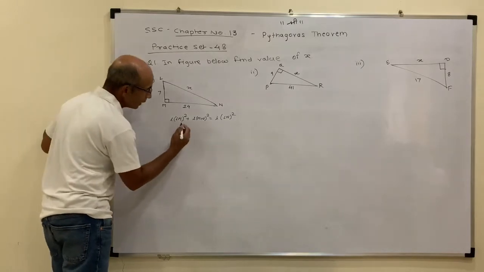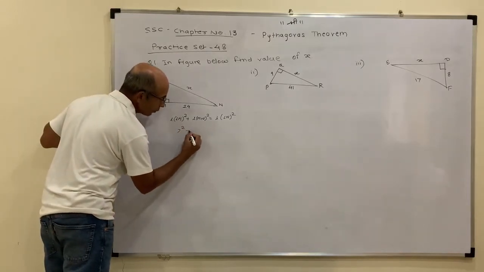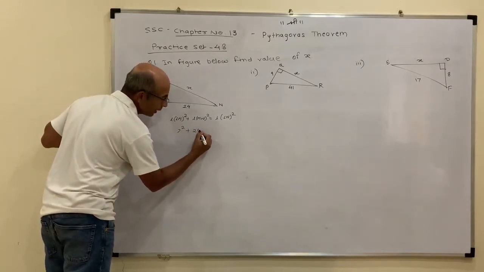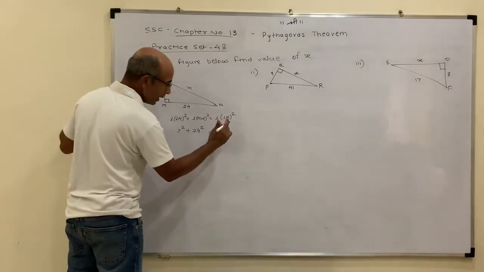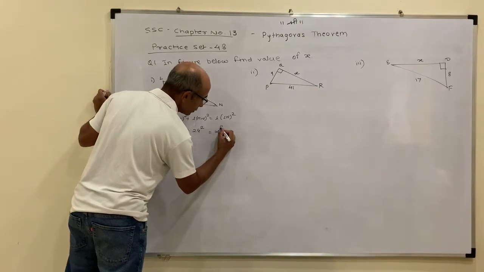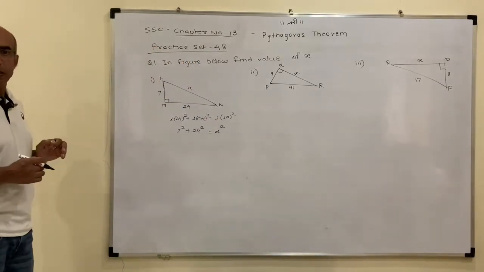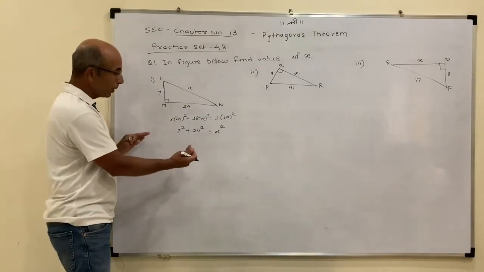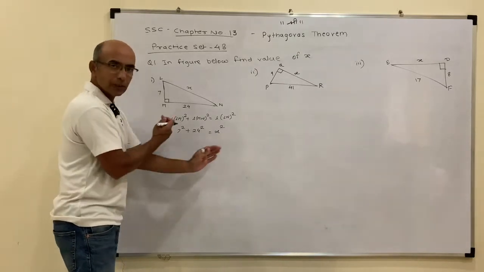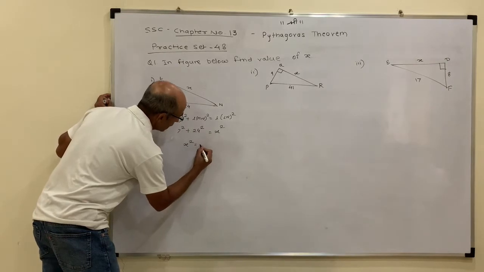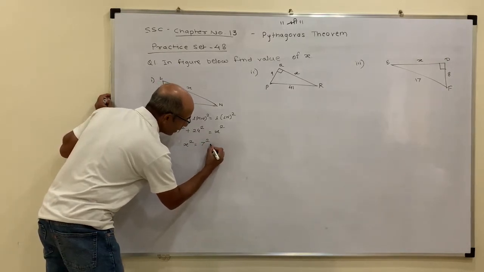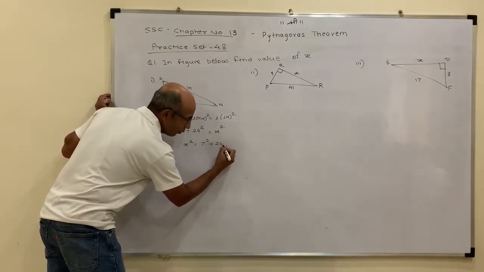LN they have given us as x. So 7 square plus 24 square is equal to x square. Now x is to be found. So what I'll do, I'll switch the left hand side to the right hand side. So x square equals to 7 square plus 24 square.